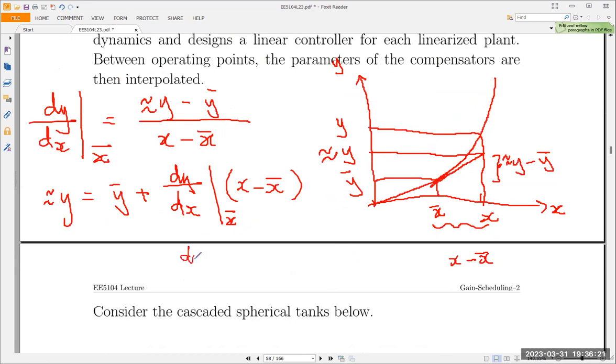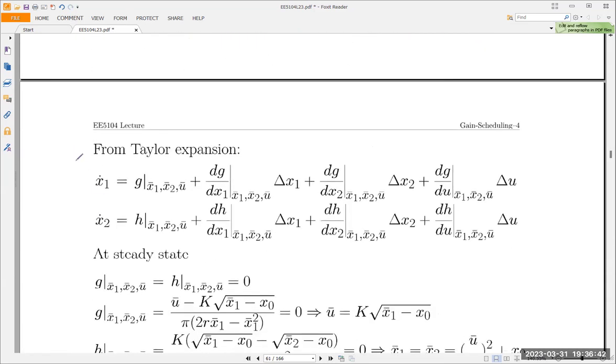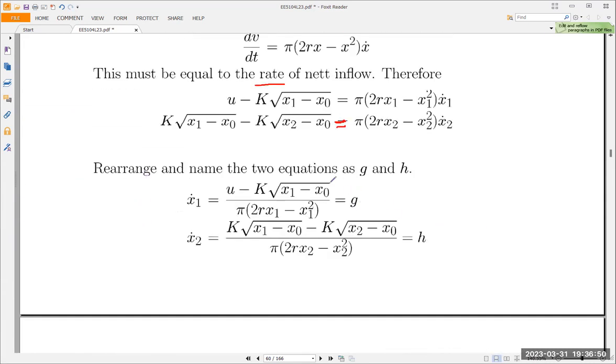This is dy dx at x bar times delta x, right, equals to, if you like, I put O nu. Okay, so this is nu, this is O.